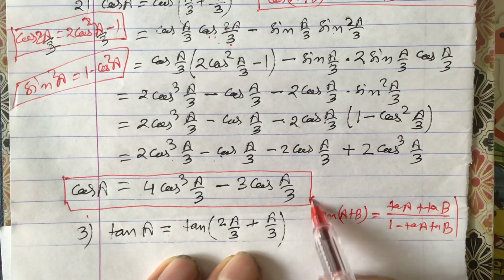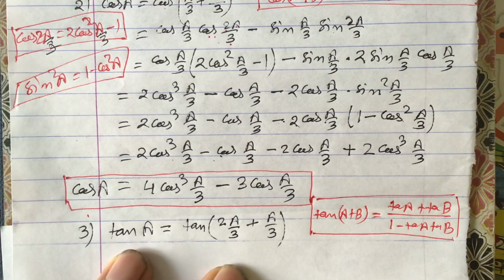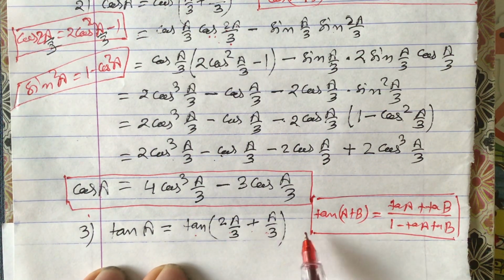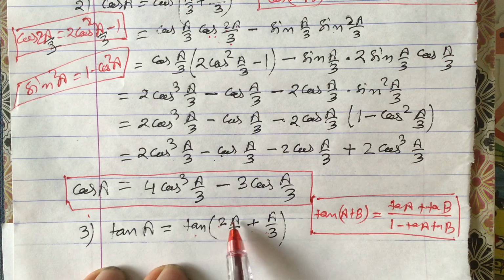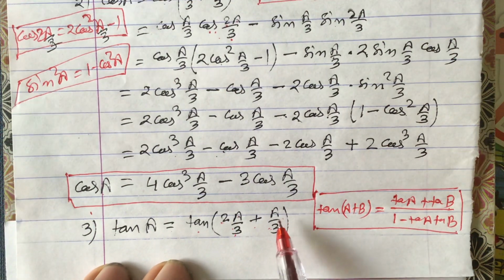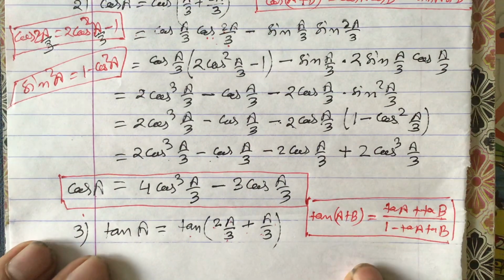This is the formula of tan a plus b. Now if you apply this formula here also, this is a plus b. Just replace a by 2a by 3 and b by a by 3. Now if you replace, then you will get like this.